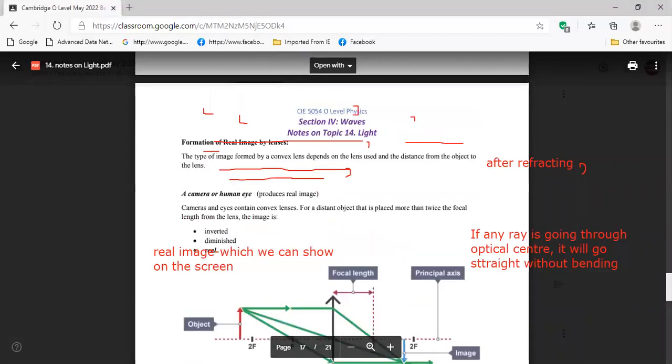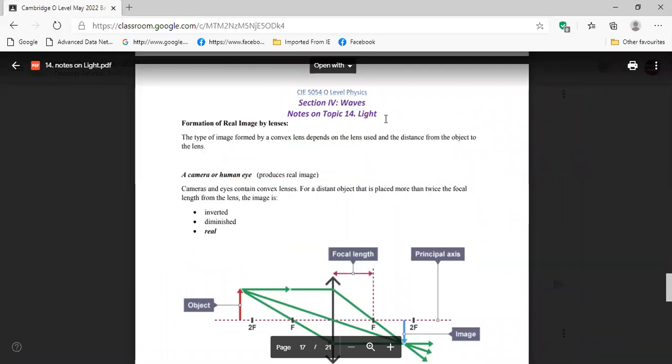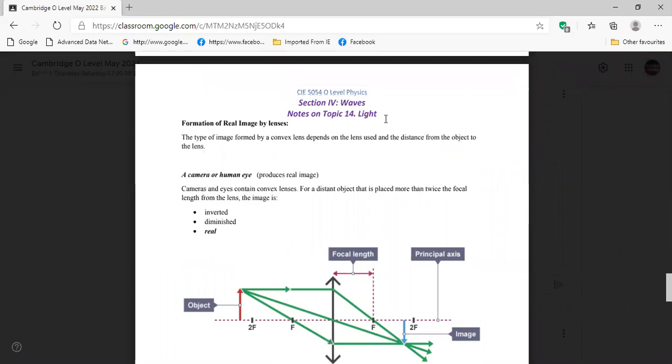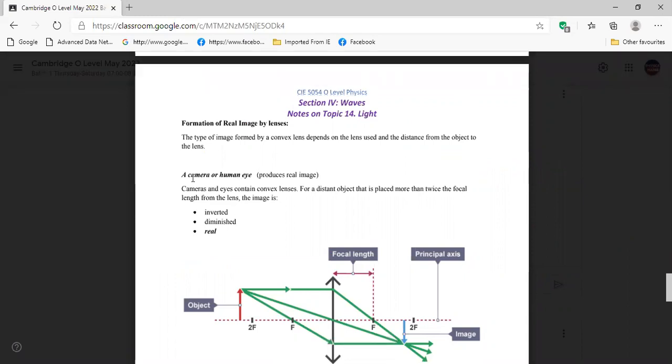Now we are going for the application of these 3 rules. The first one is camera or human eye.